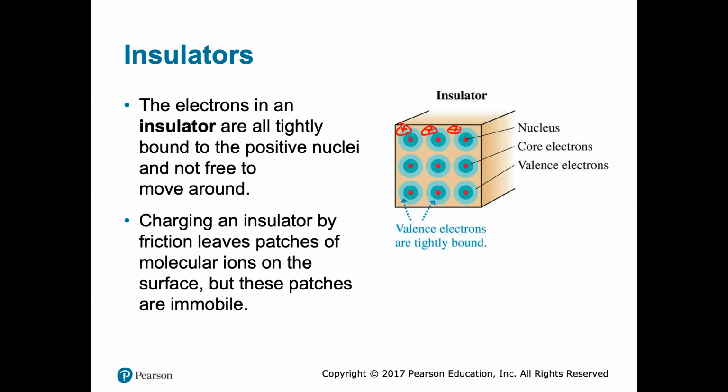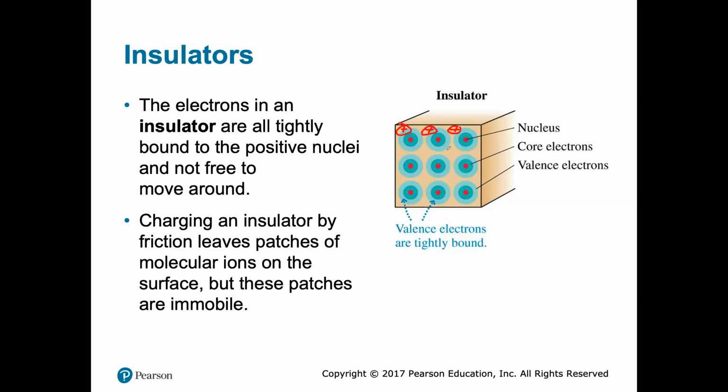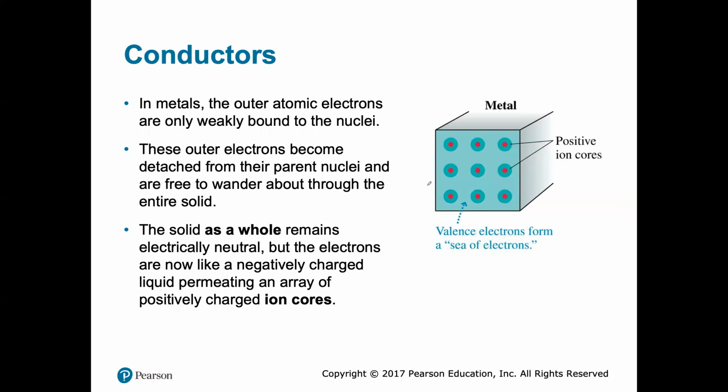Or for some reason, if you charge them with negative charge, then the negative charges are still not allowed to move, or the electrons are not allowed to move in insulators due to the structure of the insulators. So that's why for insulators, even if you charge it on the surface, the charge doesn't move. It stays on the surface. The other part keeps neutral.